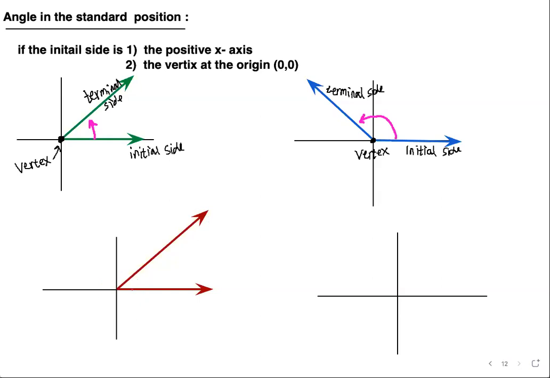So again, starting from this point, the initial side, turn around, then come back here. This is my terminal side, and here is the vertex.